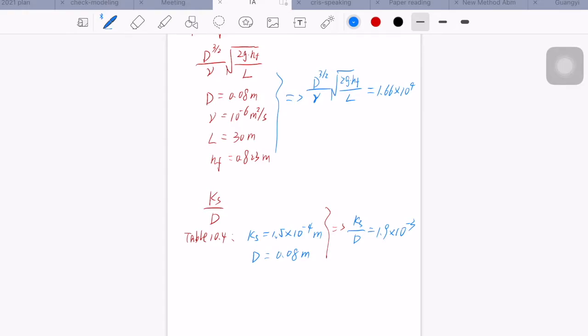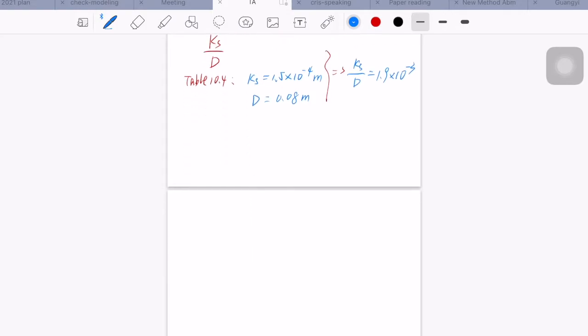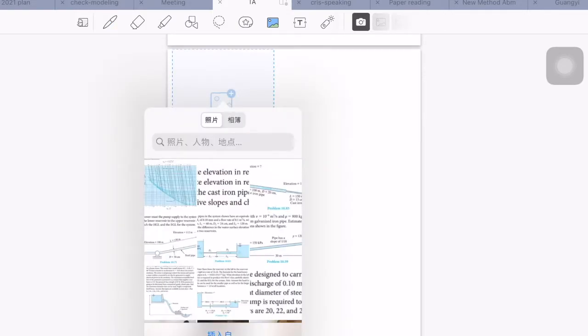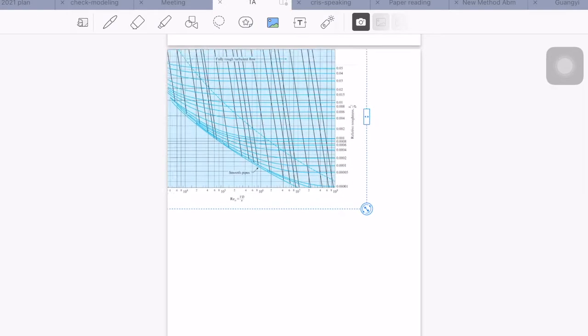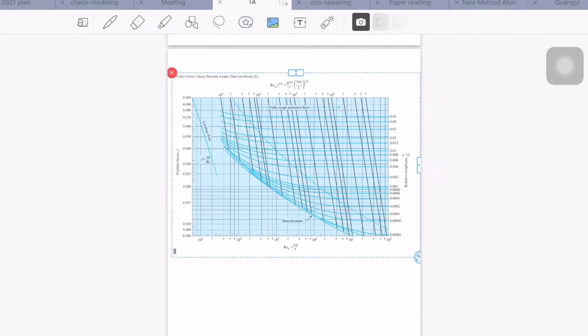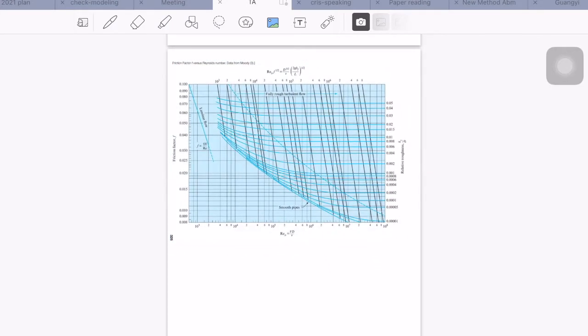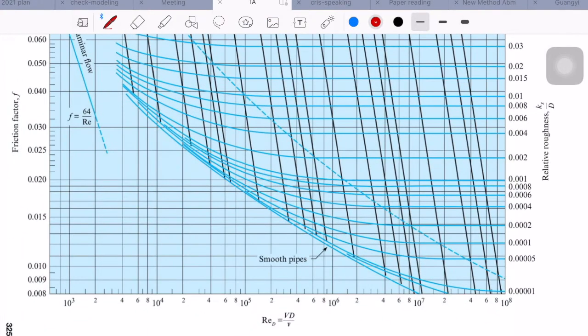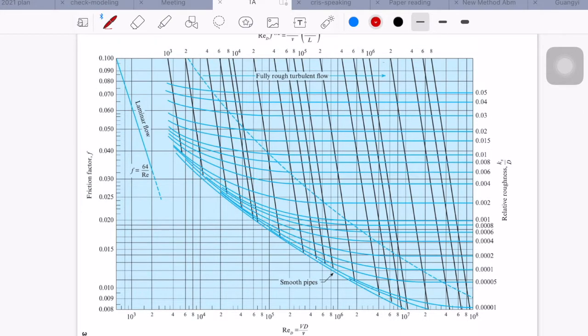And then we look up F on the Moody diagram. So this is Moody diagram. And we calculated the Ks over D, this is 0.0019. So the curve should look like this.